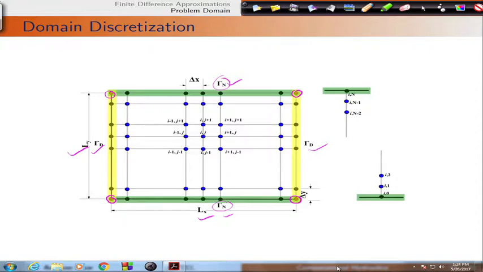In this case, we can consider them in the gamma d domain, because let us say the value is specified for these 4 points 1, 2, 3 and 4. For this green portion, that is the Neumann boundary, we can define the boundary condition based on 3 points or 2 points depending on the desired accuracy.